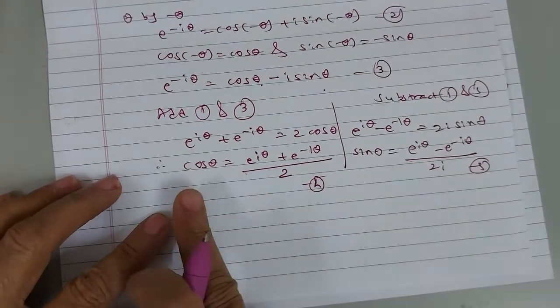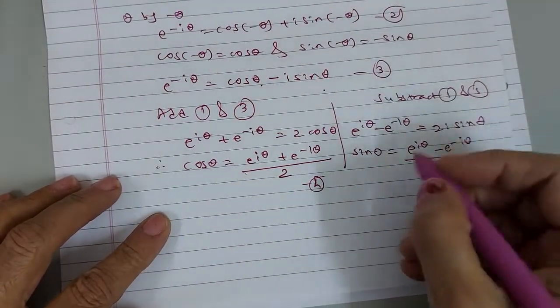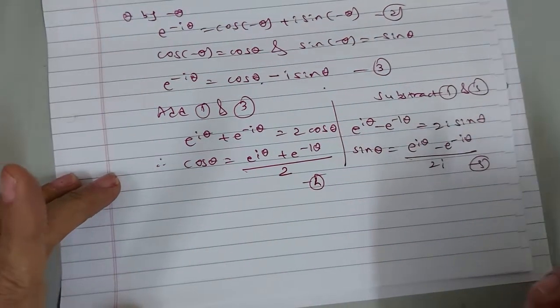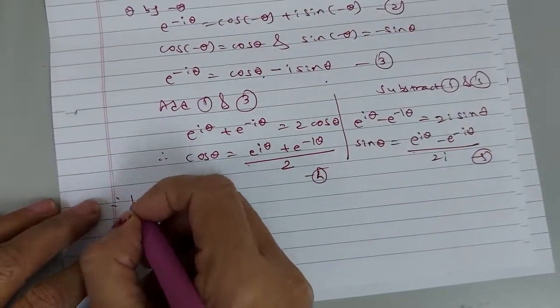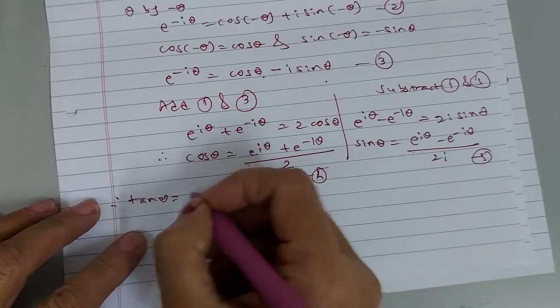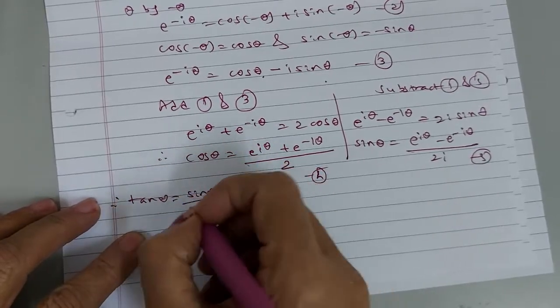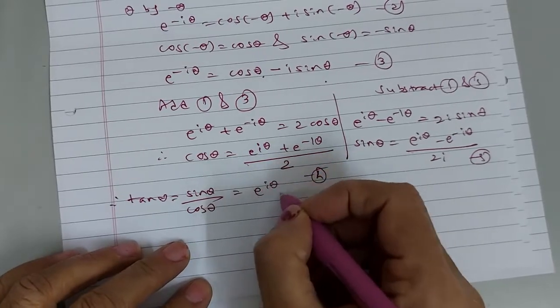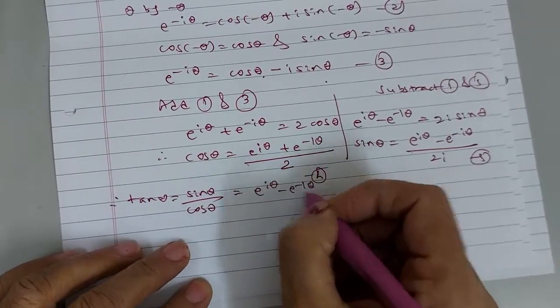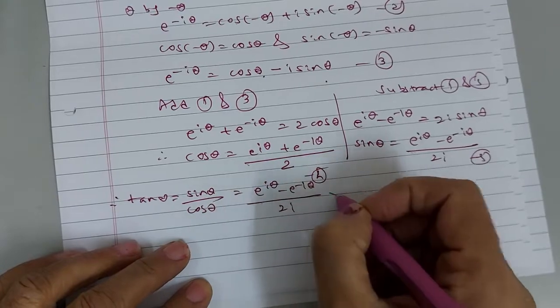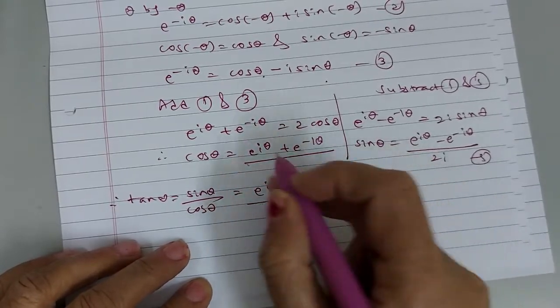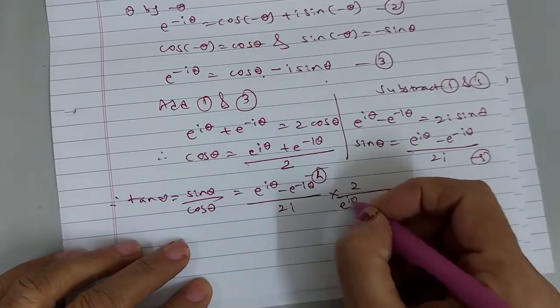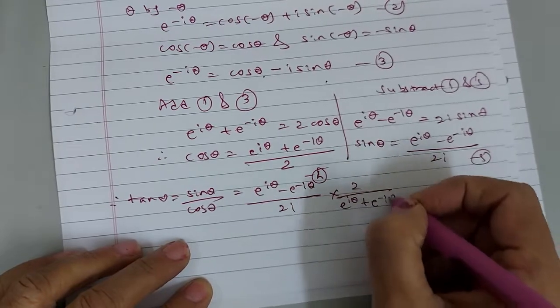Now after getting cos and sin, which are basic, I can easily write tan first. Therefore we can say my tan theta is equal to sin theta by cos theta. Sin theta is e to the power I theta minus e to the power minus I theta divided by 2I, into 2 divided by this term will come over here, e to the power I theta plus e to the power minus I theta.